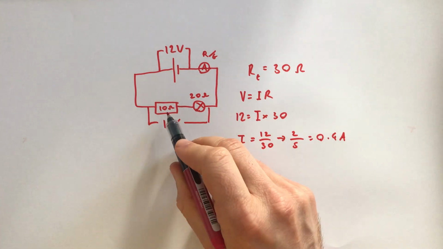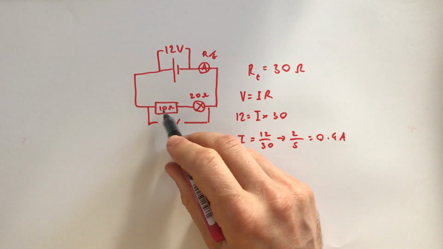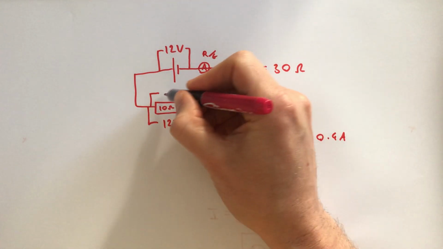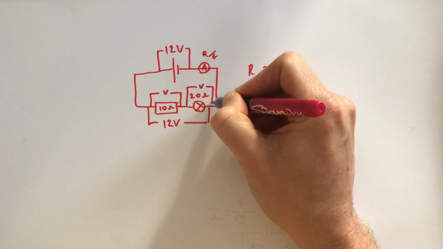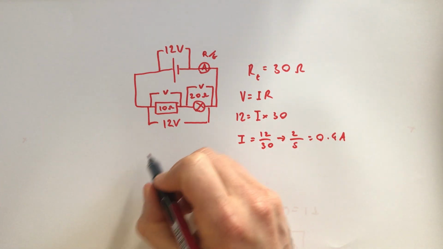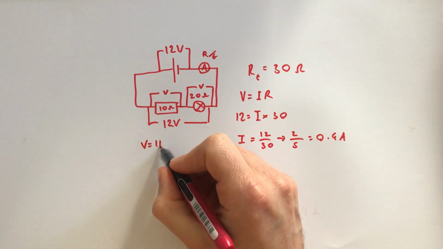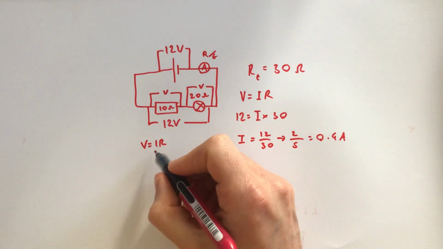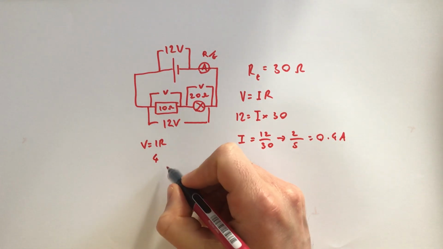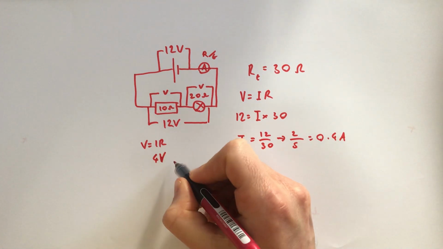So considering that, we can now find out what voltages are actually across these ones. For example, if I was to imagine connecting a voltmeter here and connecting a voltmeter here. So V equals IR. For this one, the current is 0.4, the resistance is 10, so we get 4 volts.